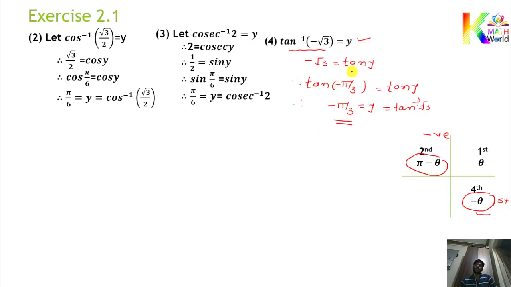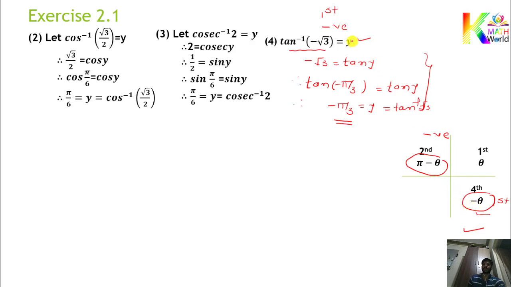Again, if you don't want to calculate these steps, for a negative value with a first group function, you need to write from the fourth quadrant only, and the structure of the fourth quadrant is the minus theta format.